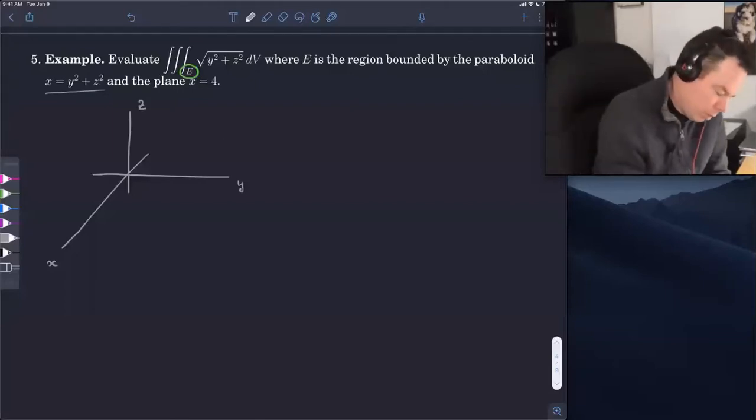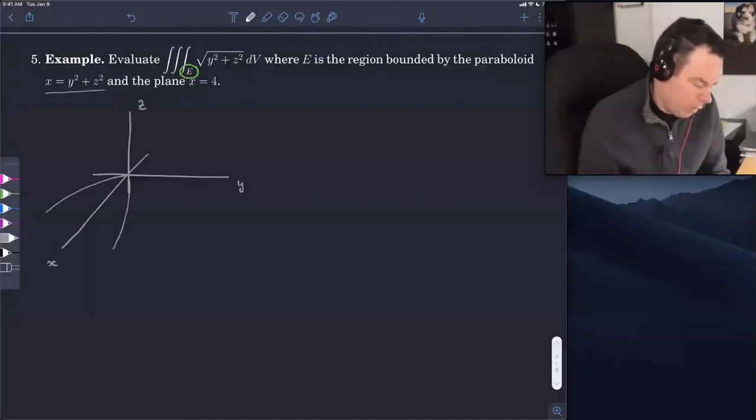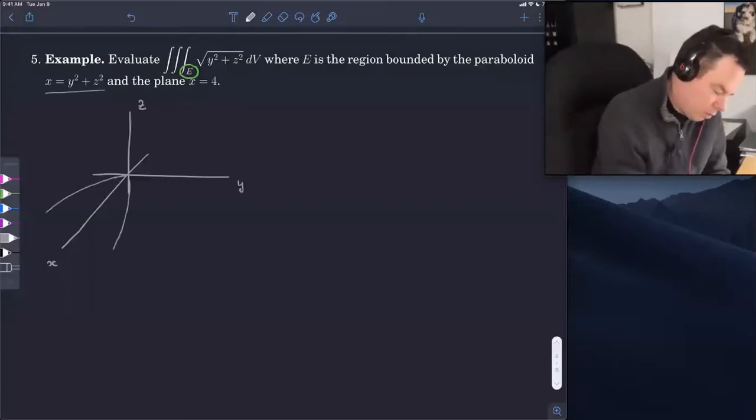That's a paraboloid that's opening along the x-axis. Its two traces are essentially the intersections with the xy plane, for example, which is just a parabola x equals y squared, and then the intersection with the xz plane is x equals z squared. So we get some shape that looks like this.